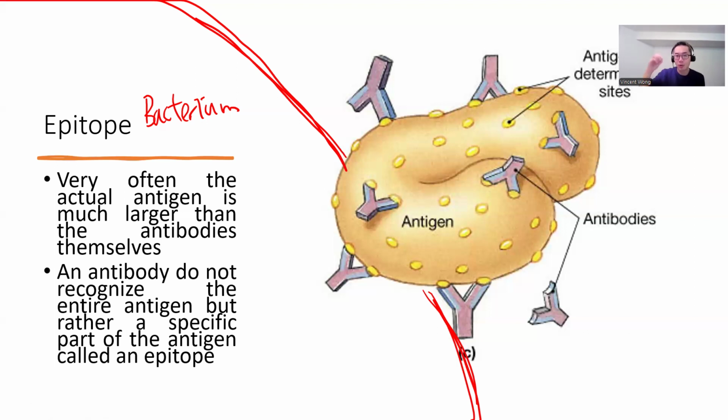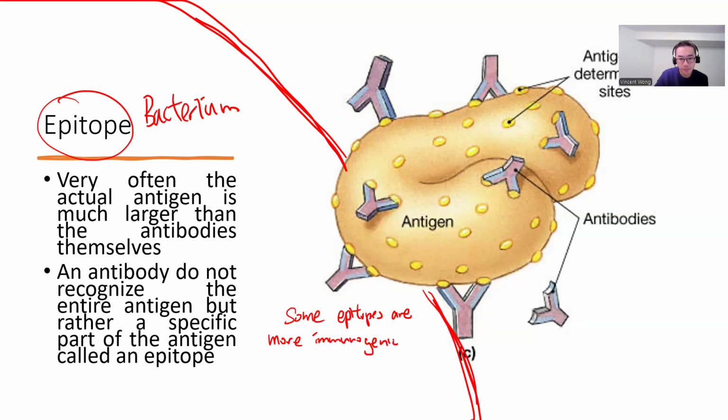And these different locations that you can recognize are called an epitope. So some epitopes, I guess this is my point, some epitopes are more immunogenic than others. The more defining the feature is, the more immunogenic it is going to be, and the more effective those antibodies are going to be.